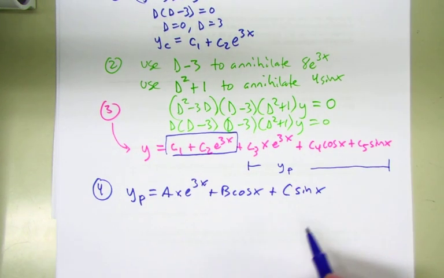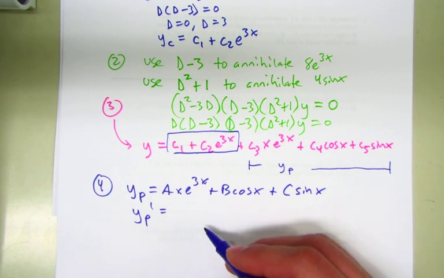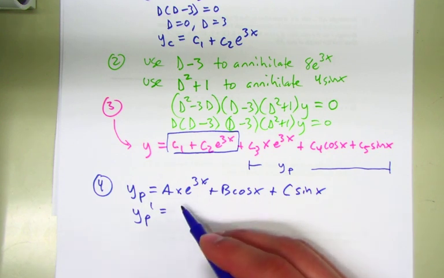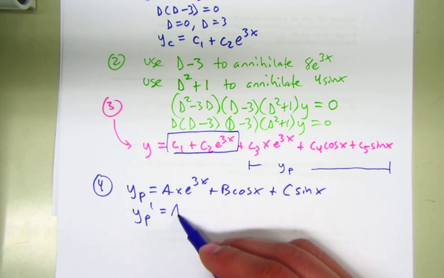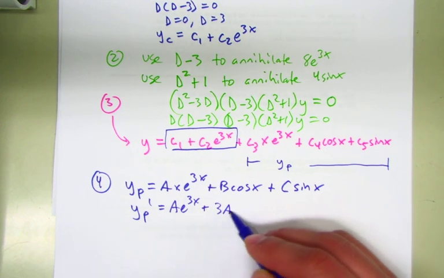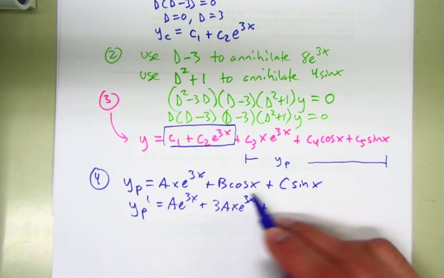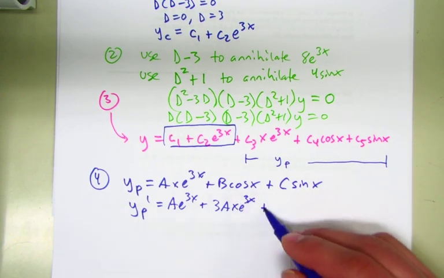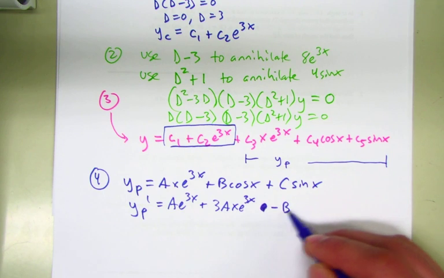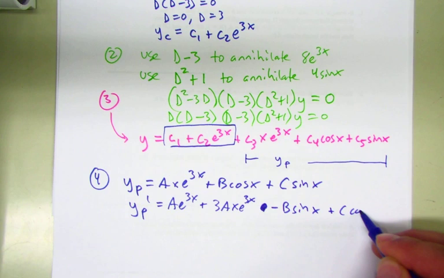So we're going to have to find the derivatives. The first derivative will be, if I use the product rule, a e to the 3x plus 3ax e to the 3x plus, and then the derivative here becomes minus b sine x, and then plus c cosine x.